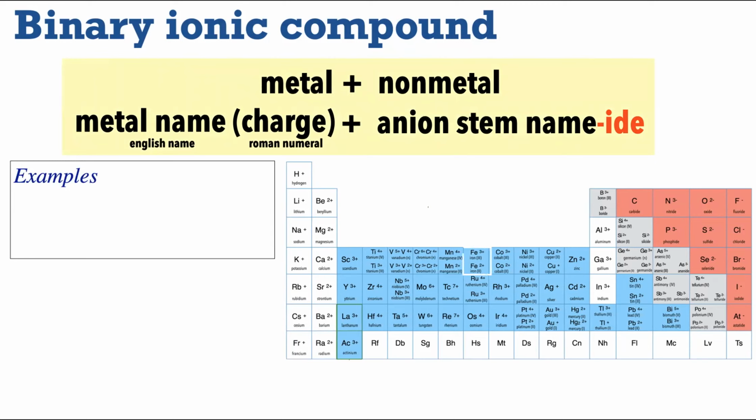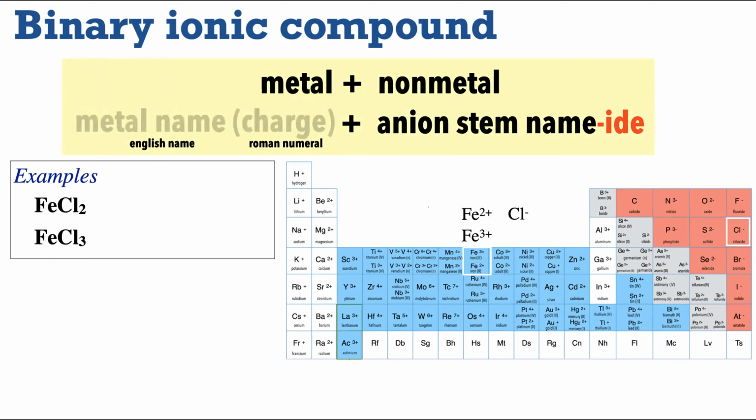Iron, here in the periodic table, is capable of forming two cations, Fe3+ and Fe2+. When bonded with chlorine, here in the periodic table, Cl minus, iron forms FeCl2 and FeCl3.